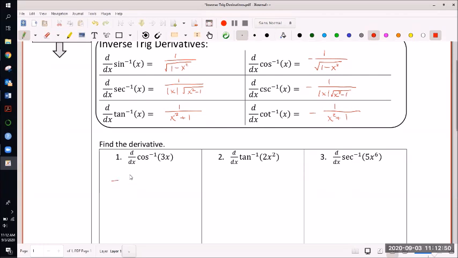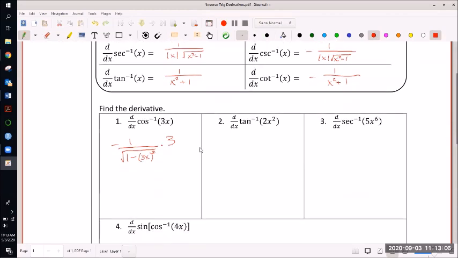That's going to be -1 over the square root of 1 minus, now this has to be the argument of that cosine. It's the chain rule idea. And then I multiply it by the derivative of the inside, which is 3. So I can write that in a little bit different form, -3 over the square root of 1 minus 9x squared. And that would be the derivative.